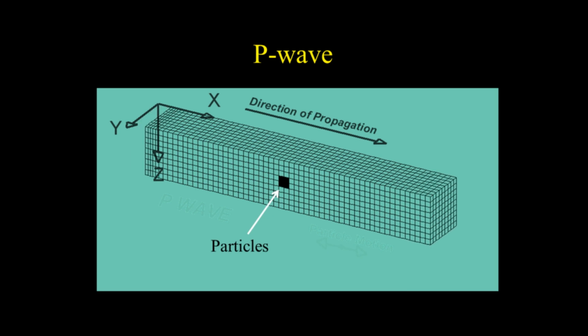Particle motion consists of alternating stretching and squeezing. Particle motion is parallel to the direction of propagation, that is, longitudinal. Material returns to its original shape after the wave passes.